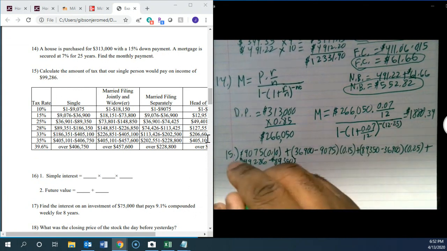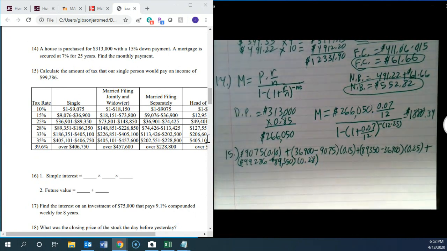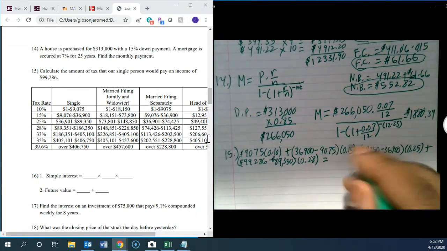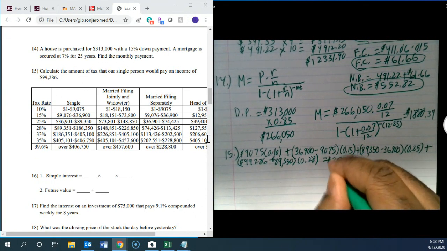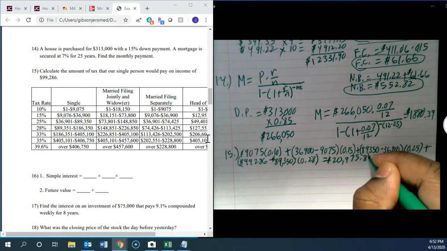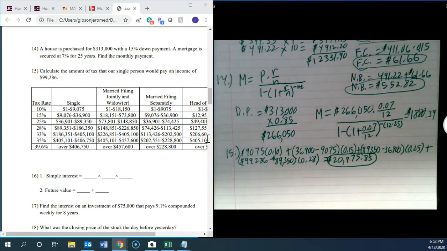And then we will multiply that result by the 28%. Now, after you multiply and add everything up and subtract everything, your final answer here would be $20,975.83. That would be your final answer. That's how much tax is owed.